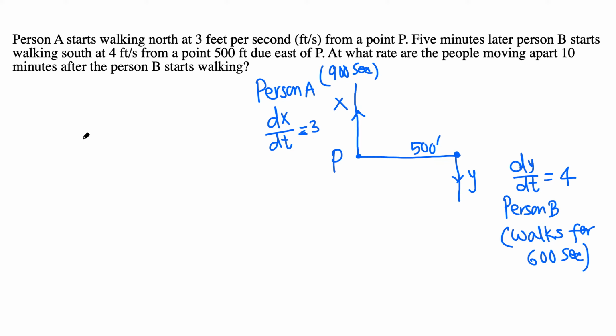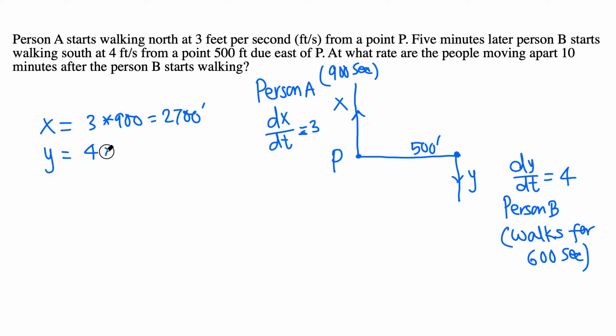So this distance x is going at the rate of 3 for 900 seconds. So 3 times 900 means 2700 feet, and y is walking at the rate of 4 for 600 seconds.